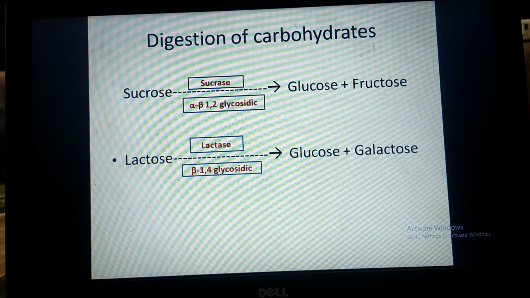Now the next enzyme present in intestinal juice is sucrase, which acts on a disaccharide sucrose and breaks it into glucose and fructose. Another enzyme lactase acts on lactose and converts that lactose into glucose and galactose.